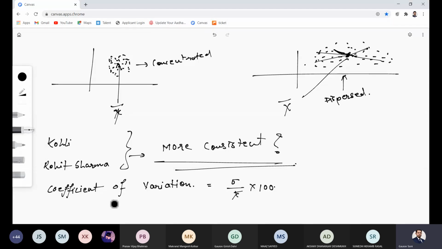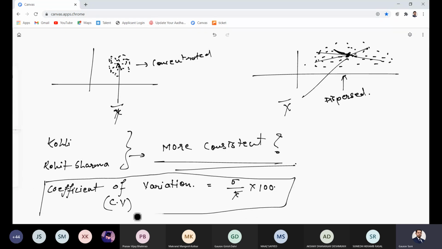So coefficient of variation is denoted by C.V. and it is given by sigma upon x bar into 100. If the coefficient of variation is smaller, then I will rub this. Please note this thing down, coefficient of variation.